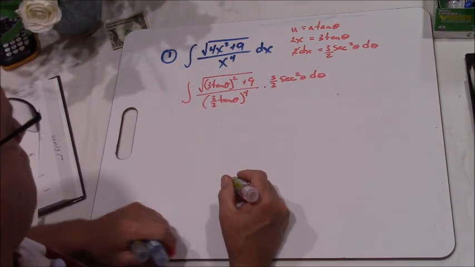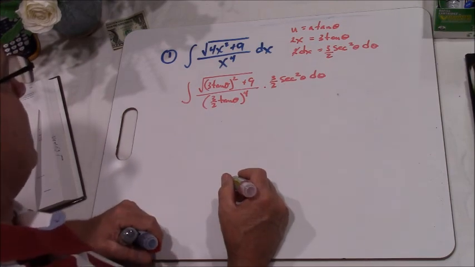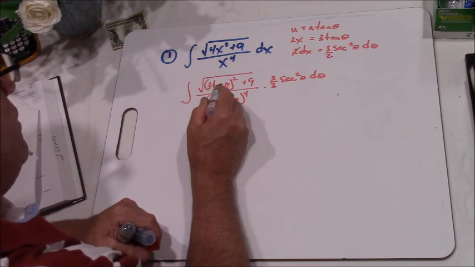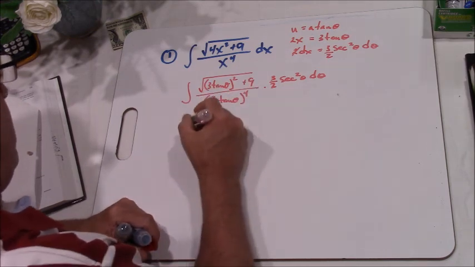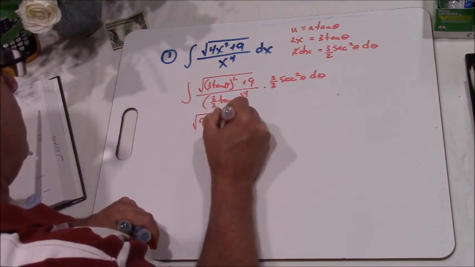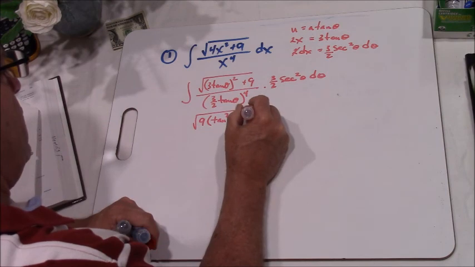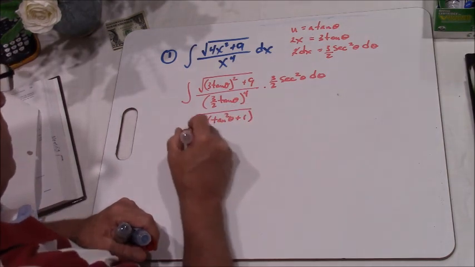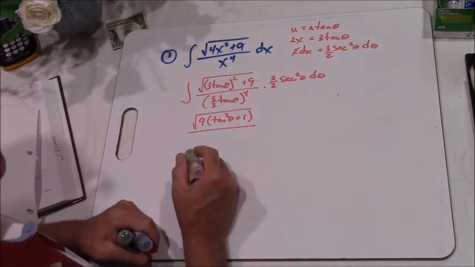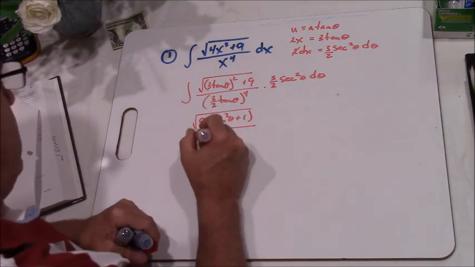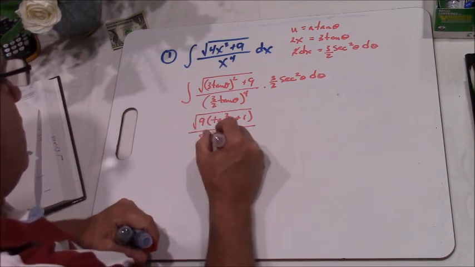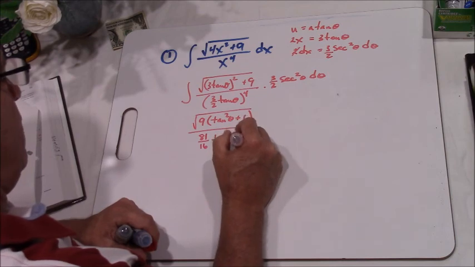Alright, so let's clean this up a little bit. If I square this, I'm going to have 9 tangent squared. I'll go ahead and factor a 9 out of each of those. And so what I'm left with is tangent squared theta plus 1 over, if I raise this to the 4th power, I've got 3 to the 4th, I believe that's 81, 2 to the 4th, that's 16, and then we got tangent to the 4th of theta.